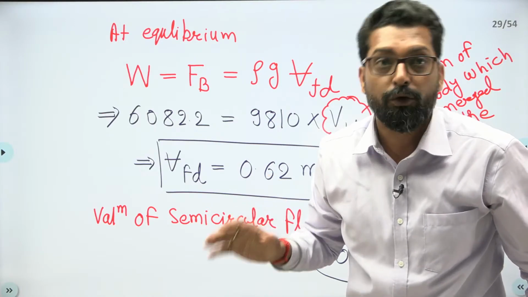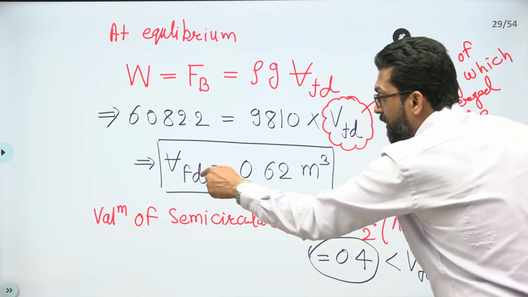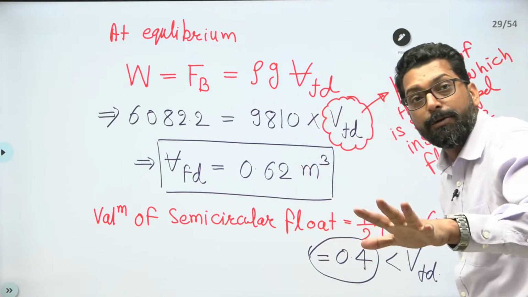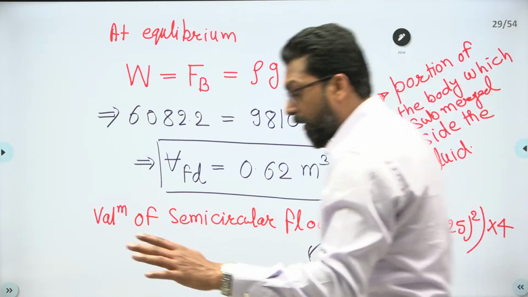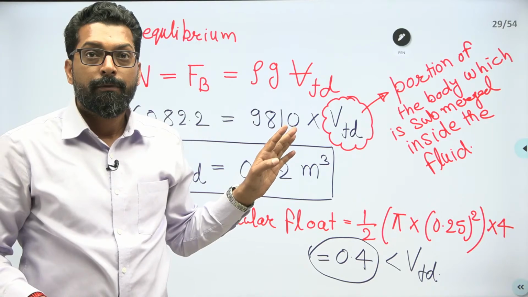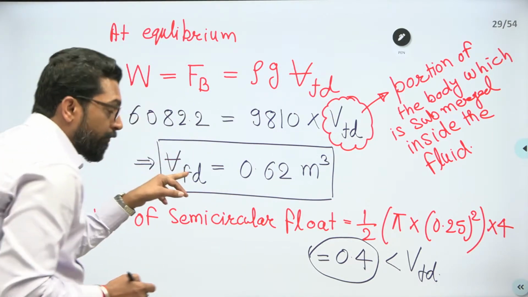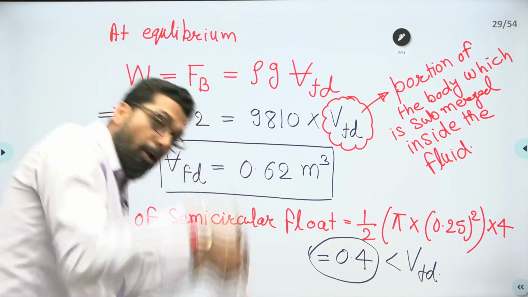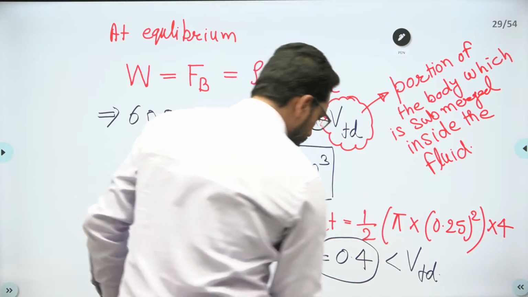Only the circular part inside the water. But in this case, the volume of the fluid displaced is higher than the circular part. That means some part of the rectangular portion is also inside the water. So in the fluid displaced, there is the volume of the circular part plus the volume of some part of the rectangular. Okay.